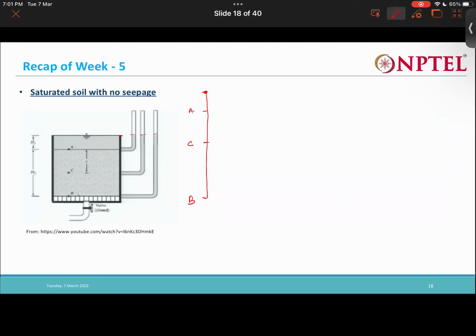Zero. Okay, zero. Now what is the total stress here at A point? H1 into gamma W. Yeah, so here it's H1 into gamma W. Now let us come here. Right. We'll see here. What is the total stress here at B point?